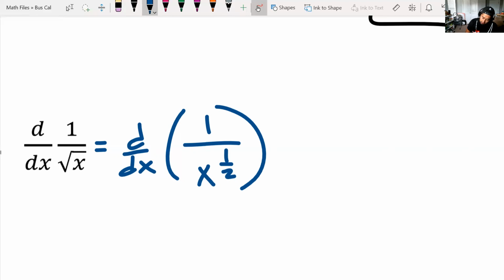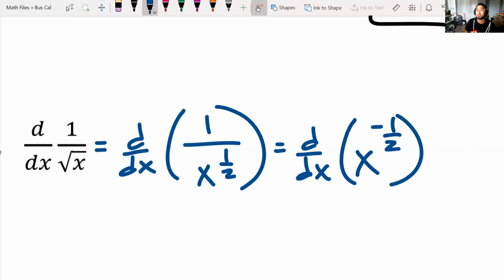And then d over dx of x to the negative 1/2. So we have went from radical to rational exponent, and then we go from positive rational exponent in the denominator, flipping it up by the negative exponent rule, and making it x to the negative 1/2. And the reason we do this is because it's the only form we can use the power rule on. This is why we must algebraically rewrite it so we can take the derivative of it.